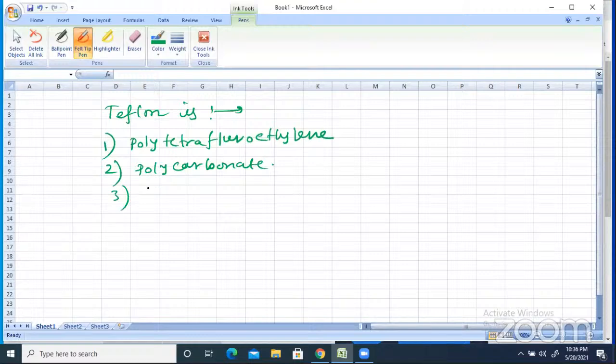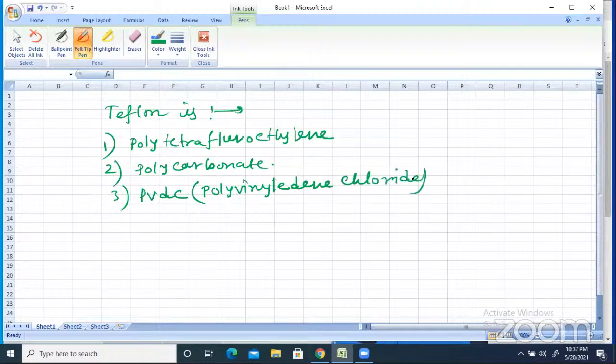Three, polyvinylidene chloride, PVDC. And fourth option is PVC, polyvinyl chloride. Which one will be correct? One. Teflon is polytetrafluoroethylene, so it will be your correct answer.